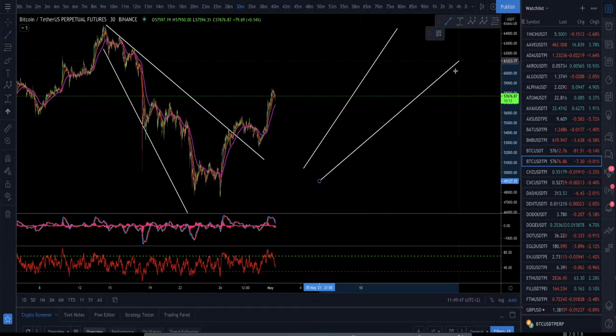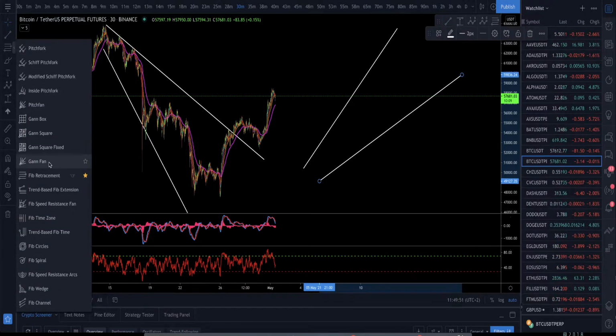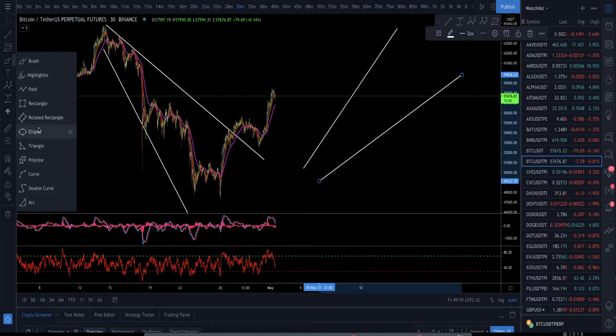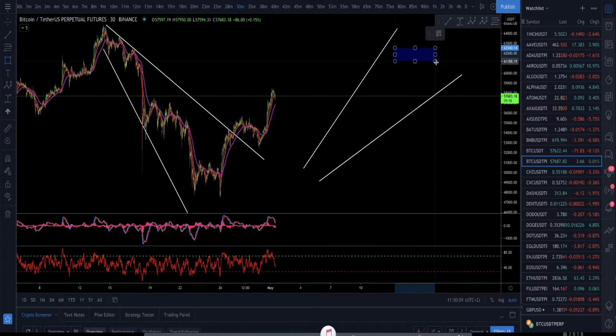See this reversed one, the zone we are looking at to short or enter the long is this zone, this place, most likely this place, right?